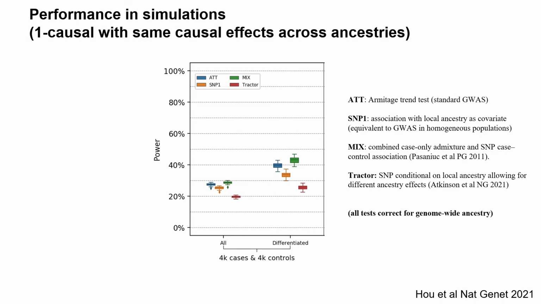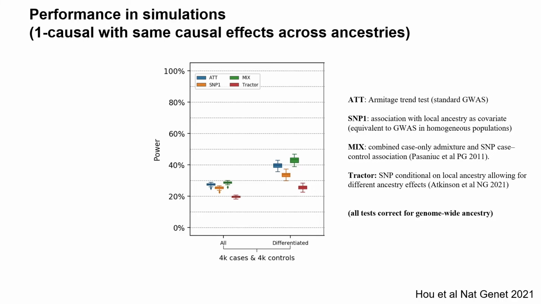Okay, so I showed you a bunch of squares, and there's some math behind it which I didn't show you, but we can talk about it. How do all these tests operate in practice? Here are a bunch of simulations based on admixed individuals in the UK Biobank. So these are admixed individuals, African and European. The simulations are power simulations under some reasonable effect size, which I forgot what it was.